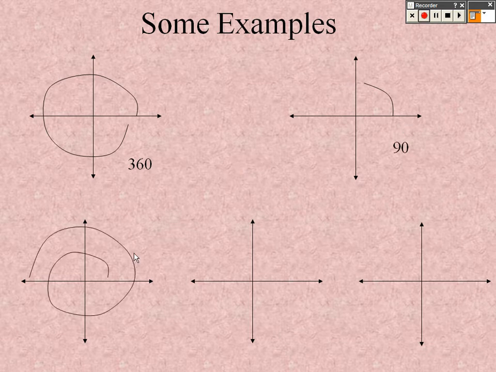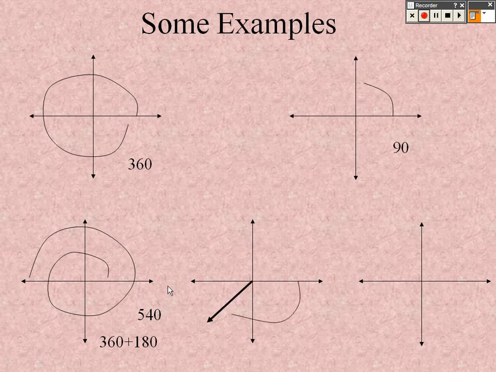This going around one time here is 360, and then going another time around would be half of that. So that other half would be a 180. So it would be a 360 and a 180, which would, when you add them together, give you 540 degrees. Right? 360 plus 180.